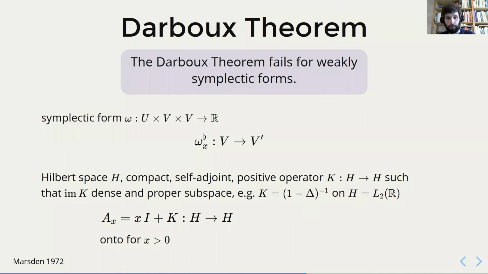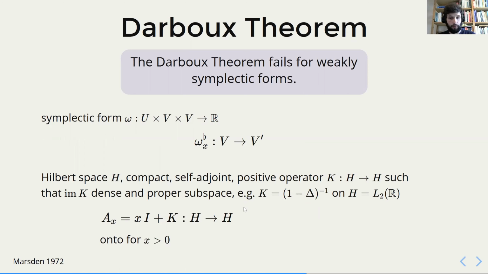And the way you see this is by looking at the eigenvalues of K and seeing that -1 is not an eigenvalue, by the assumption that K is a positive operator.